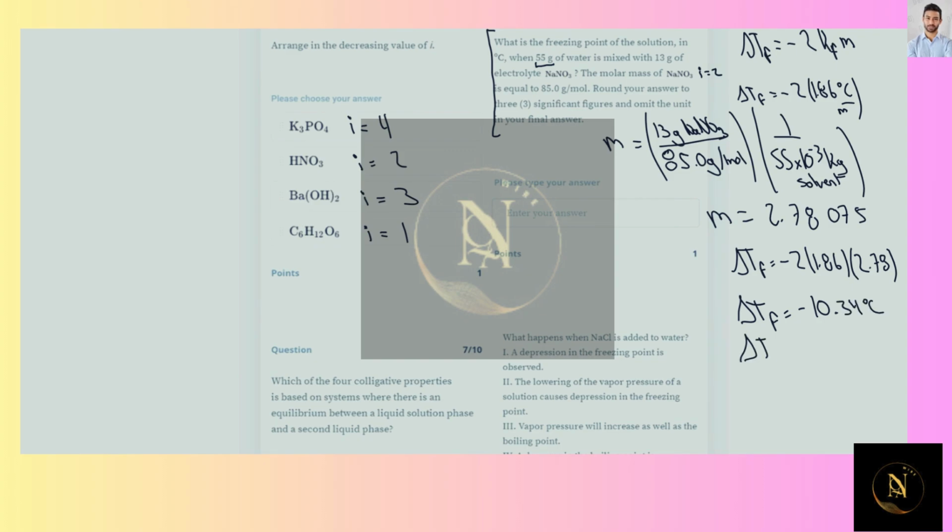And since delta Tf is equal to the temperature minus the freezing point, then the new temperature for the solution, as the freezing point of water is 0 degrees Celsius, would be directly minus 10.34 degrees Celsius. So your answer would be minus 10.34.